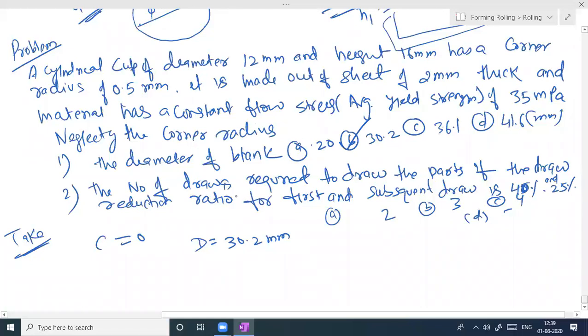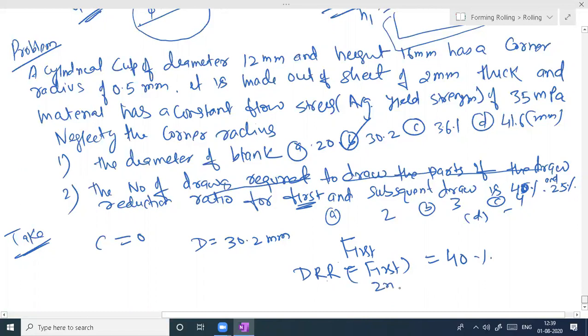Now, number of draws required. Number of draws required to draw the parts if the draw reduction ratio for the first is 40% and for the second, third, all are 25%.